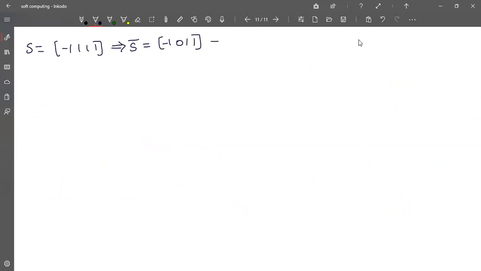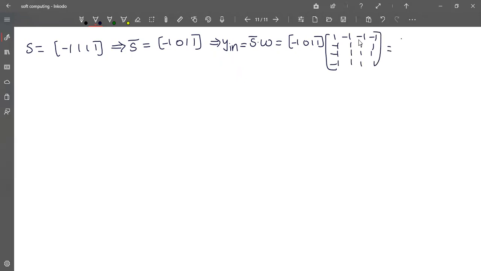So I will be writing here y in is equal to S bar into W. So minus 1, 0, 1, 1, with W as minus 1 1 1 minus 1 1 1 minus 1 1 1 1.